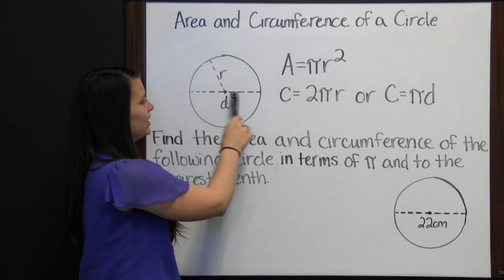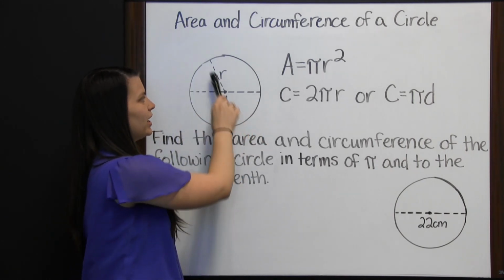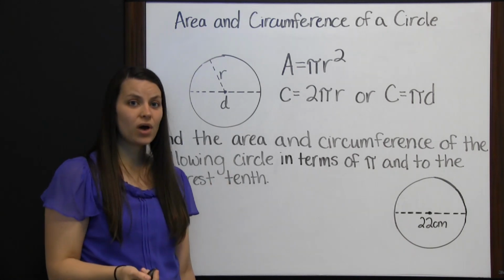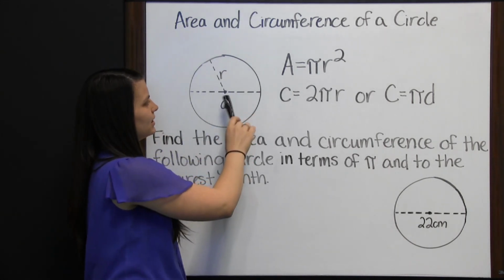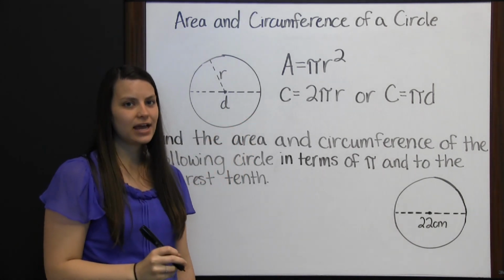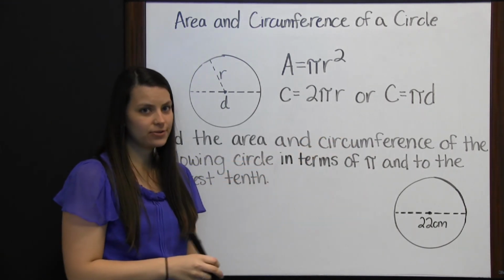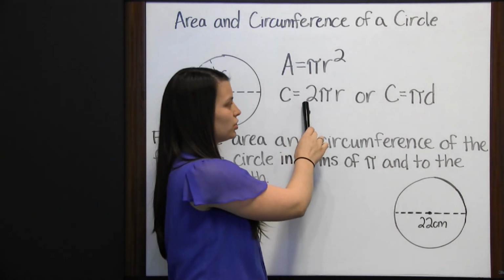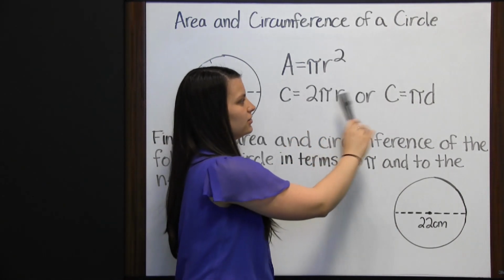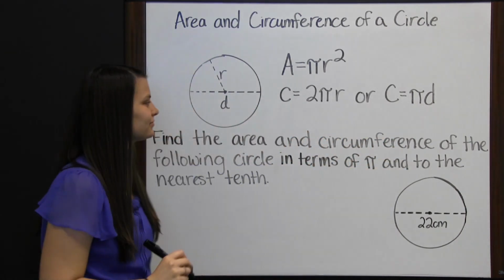The diameter is twice the radius. Likewise, the radius is half of the diameter. These formulas are interchangeable since when you multiply 2 times the radius, you get diameter.